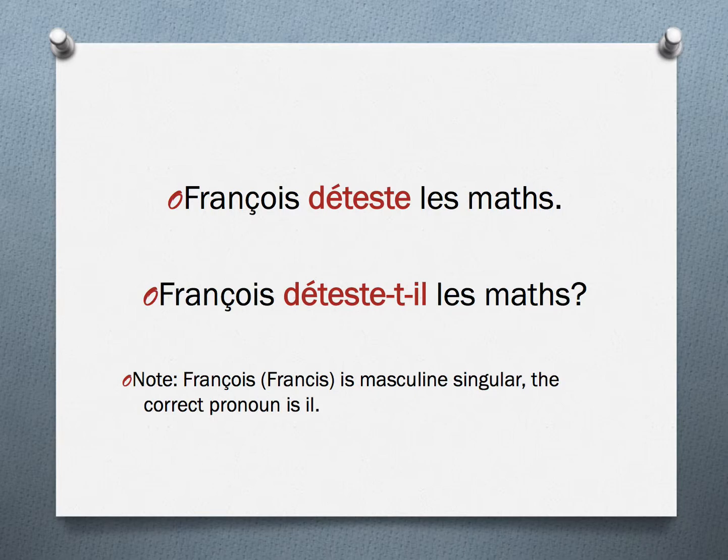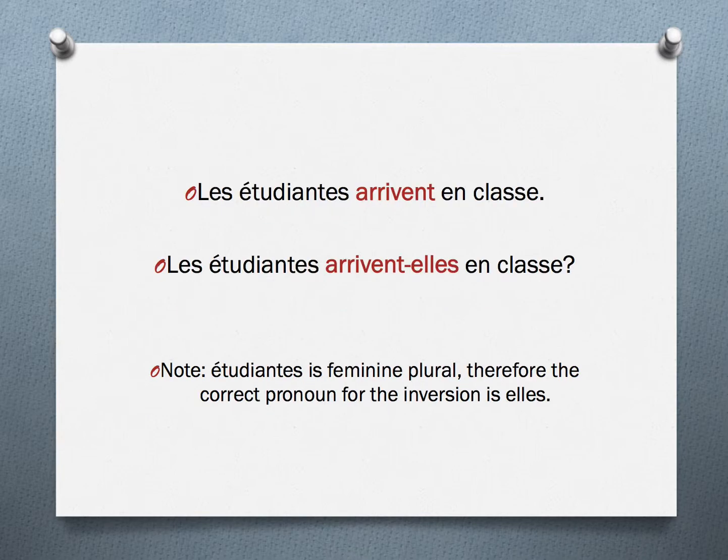And François is masculine singular, and so the correct pronoun is il. I always try to put names that are kind of common in these examples, unlike the textbook, so people know if it's masculine or feminine.